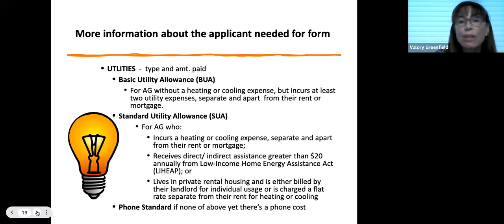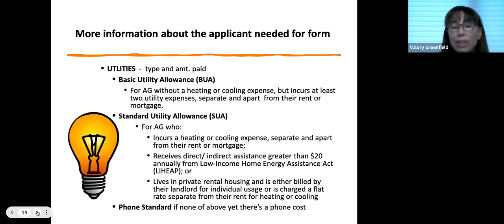If they have either one of those, they'll get the standard utility allowance, which is higher. If they don't have a heating or cooling expense, but they have at least two other utility expenses, they can get the basic utility allowance, which is a little bit lower. If they don't fit into either of those categories and they have a cost for a phone, they can at least get the phone standard.